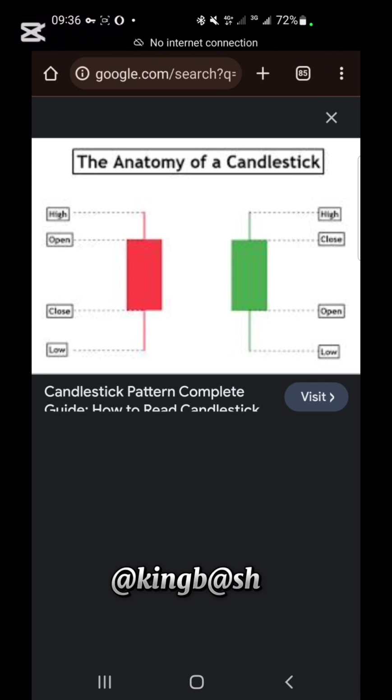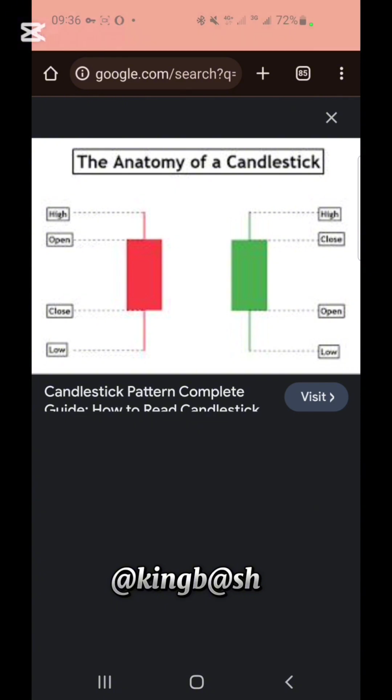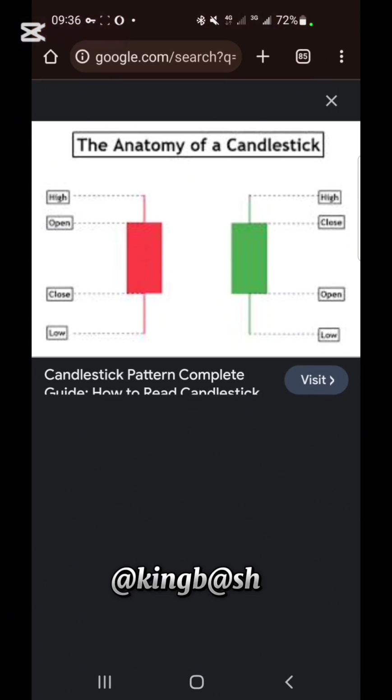So these are the four most important components of a candle. We have the open, where it opens. We have the high, how far the candle goes. Then we have the low, the lowest point the candle reaches, or the lowest price where price reached for that certain time frame.